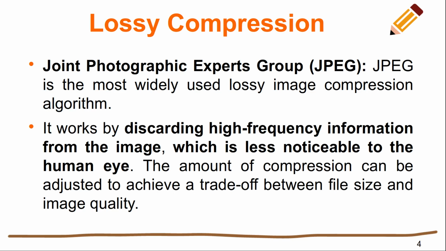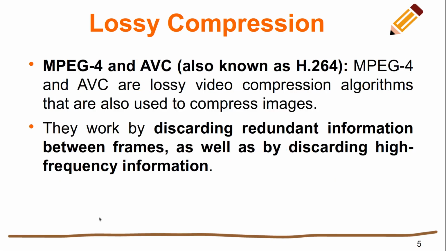Then the amount of compression can be adjusted. Here the compression can be tuned using file size and image quality. Then MPEG and AVC, also called H.264. These are lossy video compression algorithms that are also used to compress images.